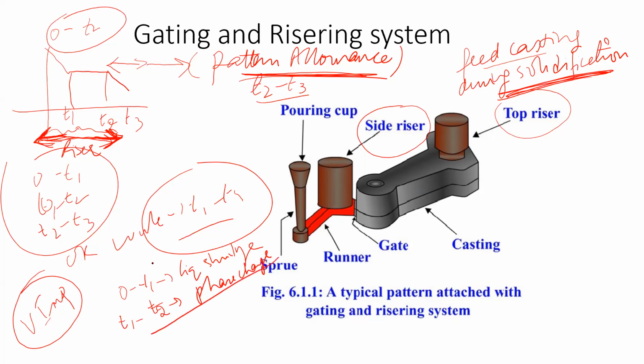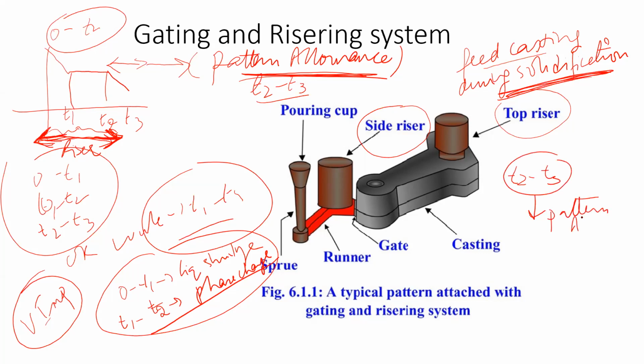In both these cases, riser takes care of the casting. But for T2 to T3, we provide pattern allowance. Because of the pattern allowance, we get the sound casting.